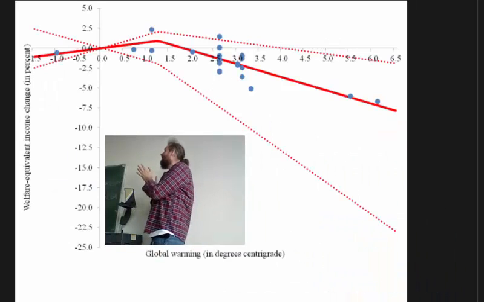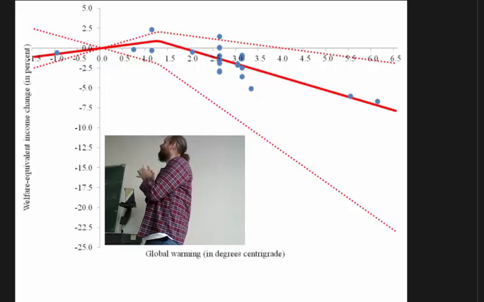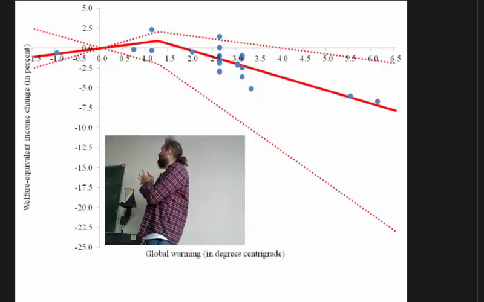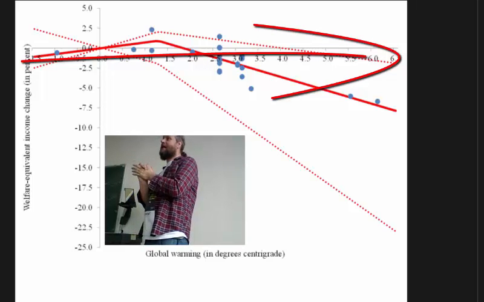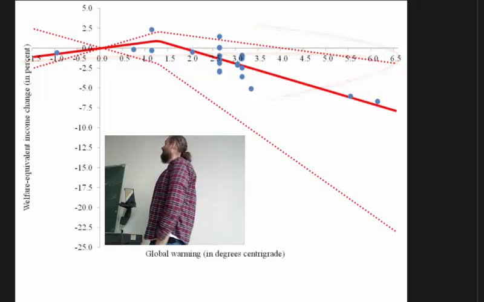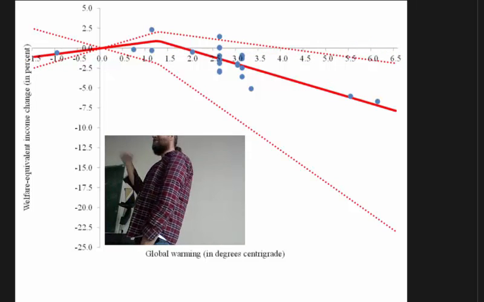What you're looking at here are all estimates of the total economic impact of climate change. Those are the blue dots. And the way to read this graph is that on the horizontal axis we're looking at scenarios of climate change, here indexed by the change in global mean surface air temperature relative to pre-industrial.